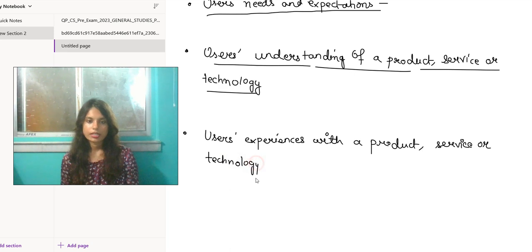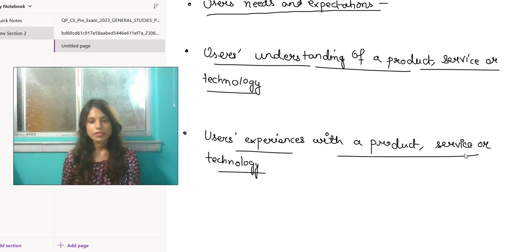Based on this, user studies actually can be used to gather information about the user's experiences with the product, with the service, or with the technology. And this information can be used to identify the areas that need improvement, okay, in terms of users' needs.